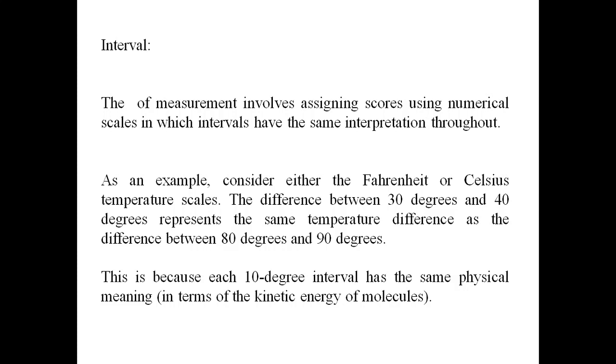The difference between A and C is equal to 20 minus 8, that is equal to 12. The difference between B and D is equal to 16 minus 4, which is equal to 12. Thus, on an interval scale, the intervals or distances can be added or subtracted.